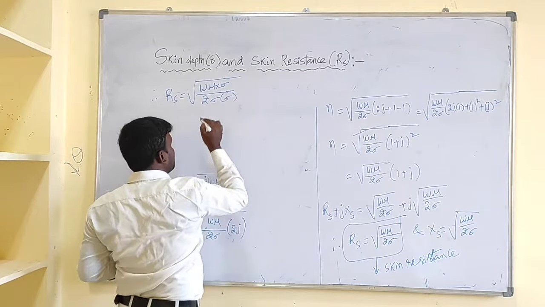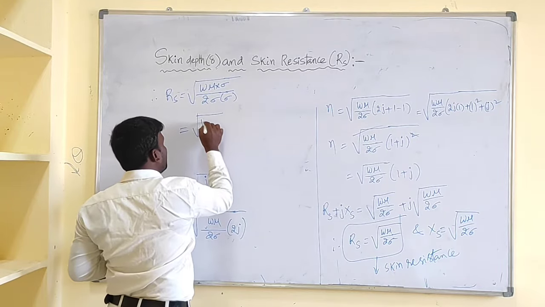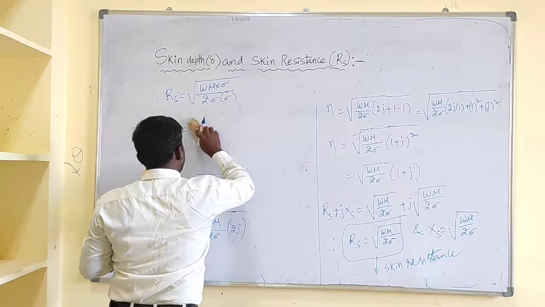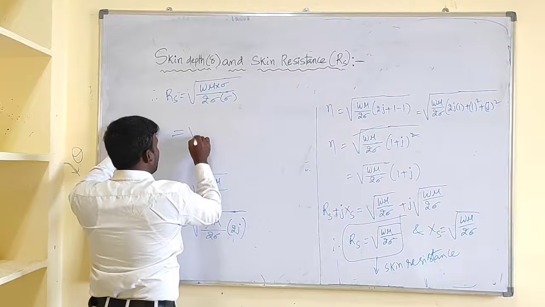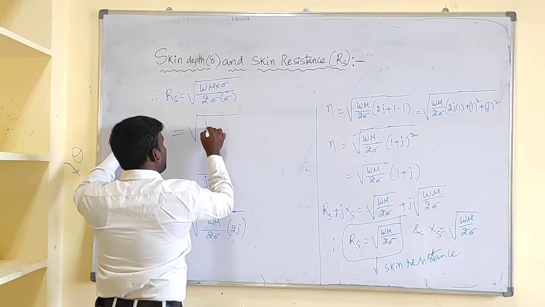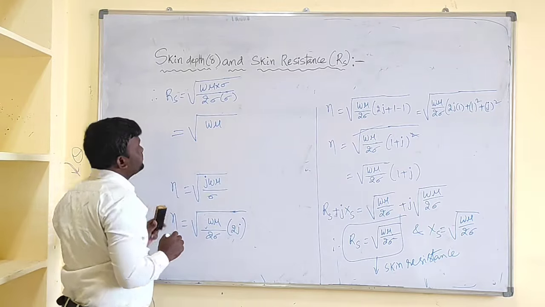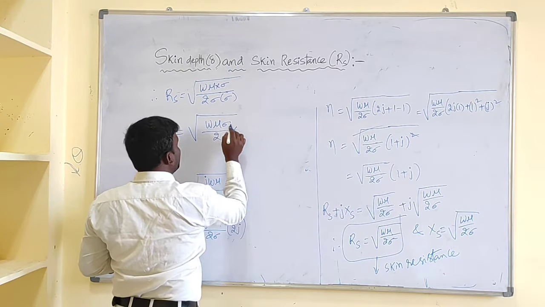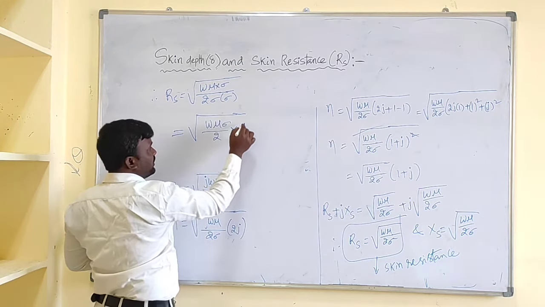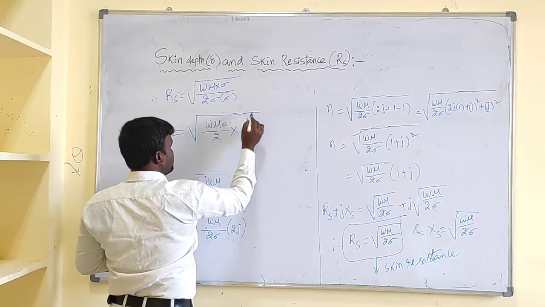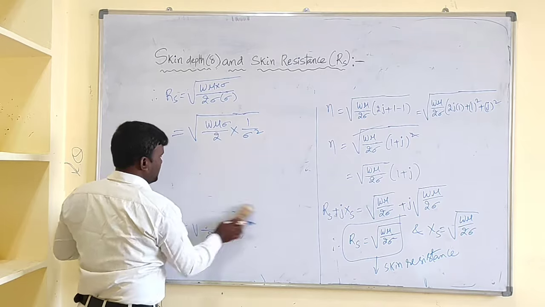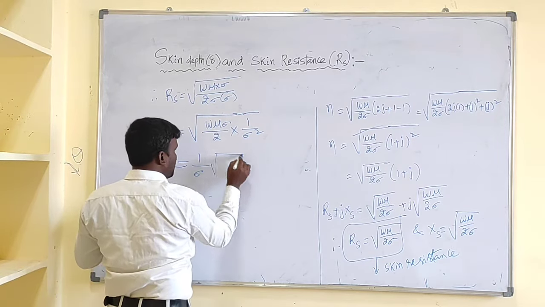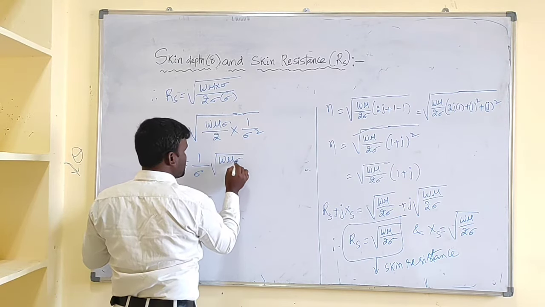Then this can be written as the square root of omega mu sigma by 2, into 1 by sigma square. So this can be written like this: root of 1 by sigma square is nothing but 1 by sigma, and this is omega mu sigma by 2.